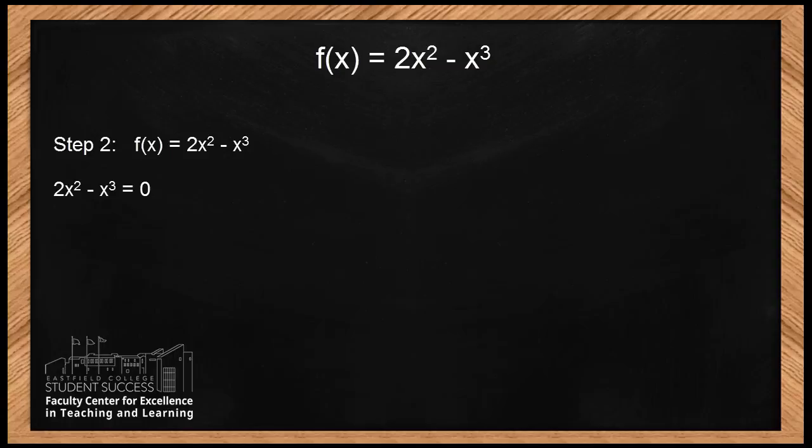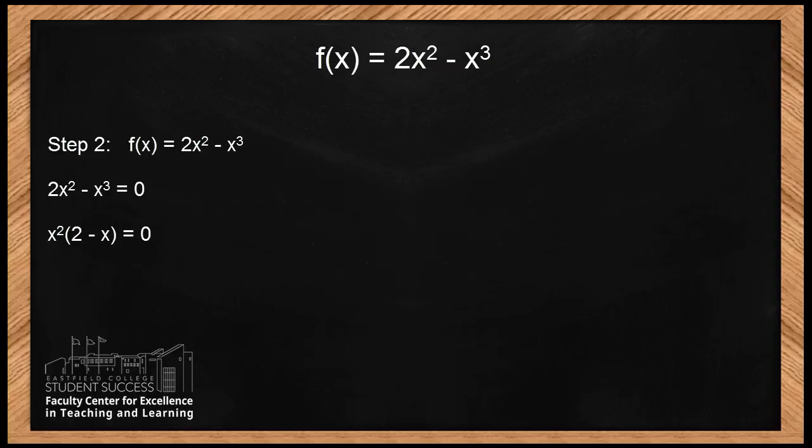Our function is 2x squared minus x cubed. We'll set it equal to 0. Now we create an equation. To solve this equation, we have to factor the greatest common factor. Here the greatest common factor is x squared. Factoring out x squared, we have x squared times (2 minus x) equals 0.